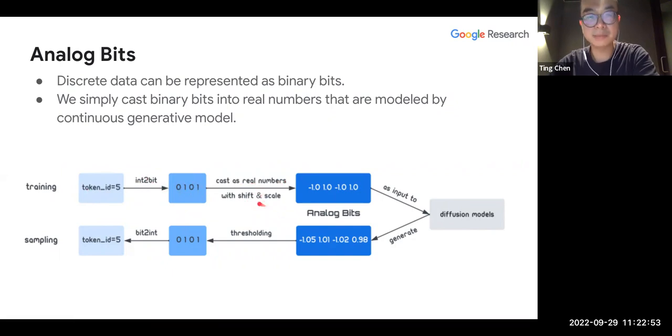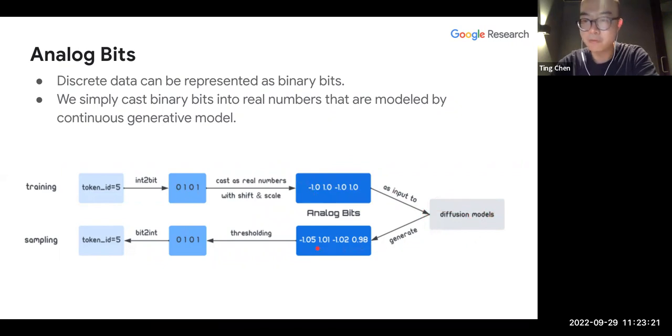Of course, we can do some scaling and shifting, so let's say we map it into -1 and 1. So now you notice there is a 1.0 and a -1.0, because these are real numbers that happen to be these 2 values. Now you take that as input to the diffusion model, which models these continuous numbers. And now during the inference time, you sample as if you have continuous numbers.